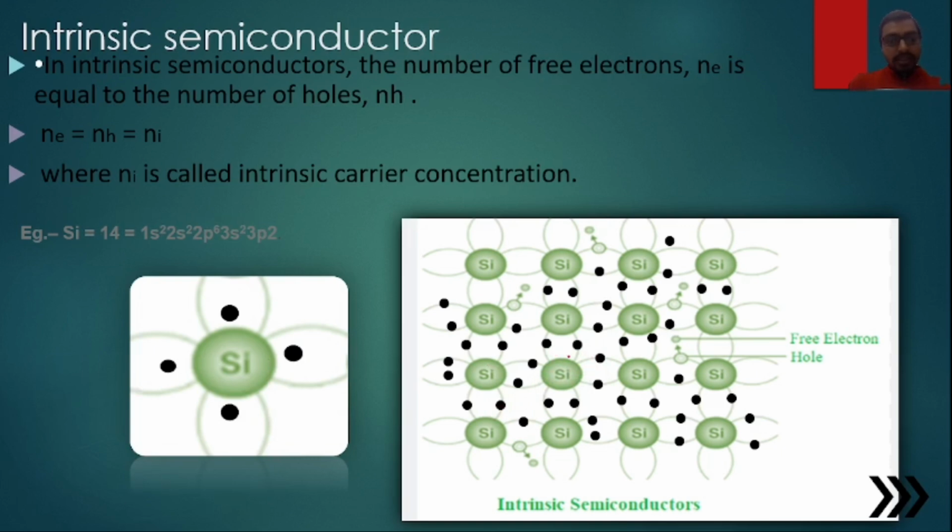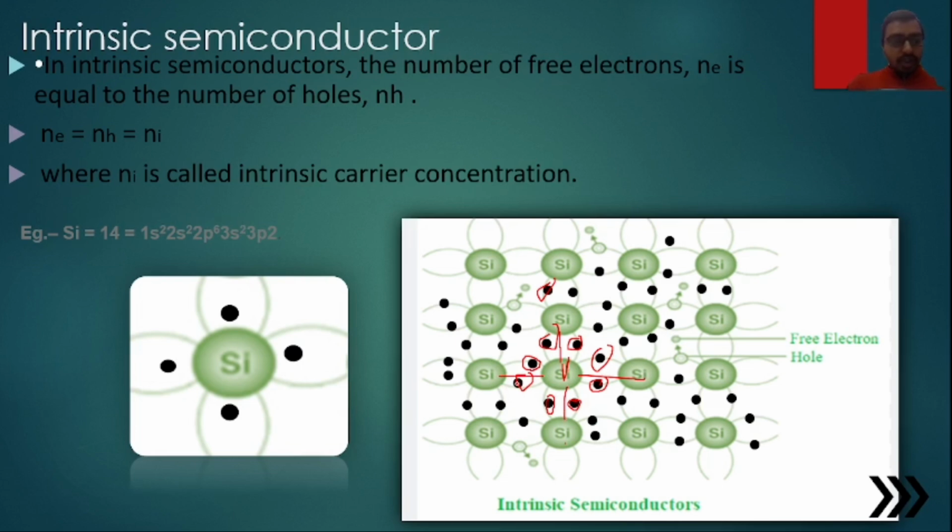Let us consider this silicon, which has 4 electrons, and its surrounding silicon atoms also have 4 electrons each. This silicon is covalently bonded to its surrounding atoms: this is bonded to this, this is bonded to this, and so on.